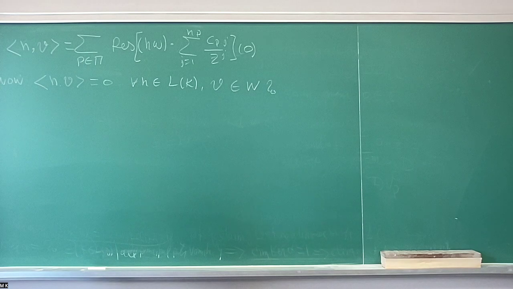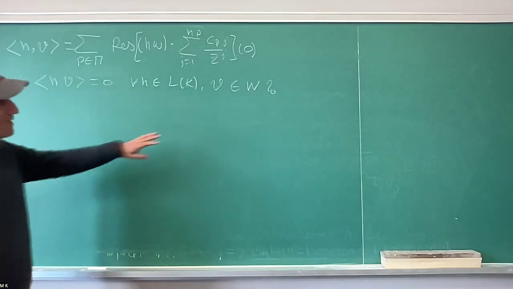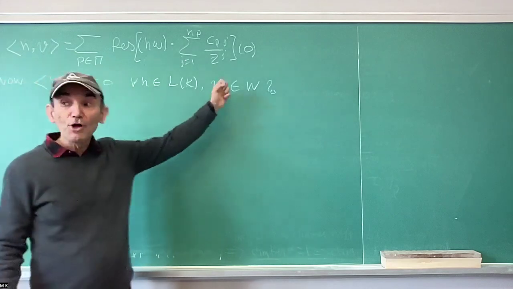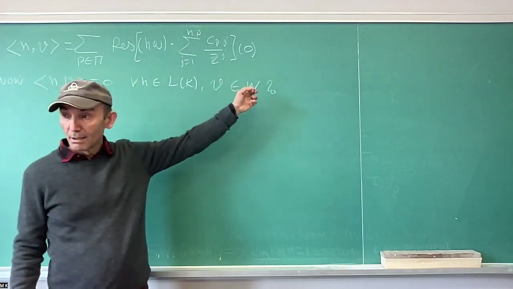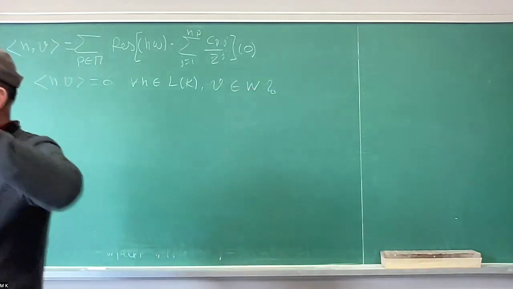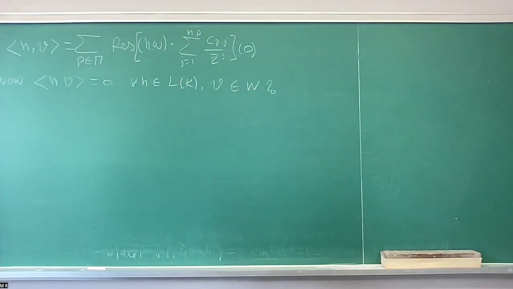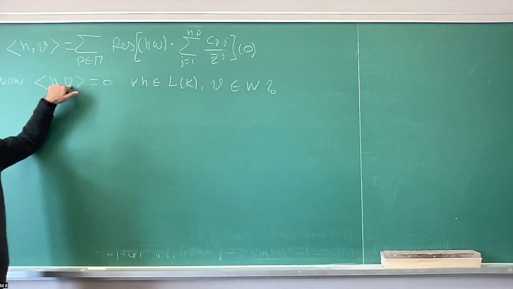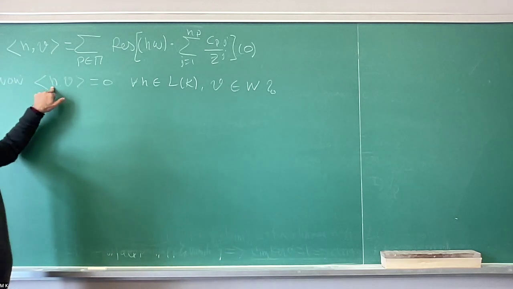Because v doesn't have any principal part. No, v can have many principal parts, but it is in W. What does it mean? It means that it's coming from a meromorphic function on the whole X. So it's the principal parts of the meromorphic functions on X. So v is a global object now, and h is also a global object.